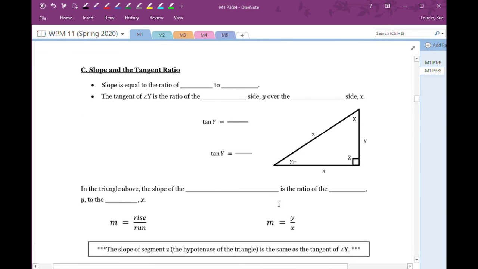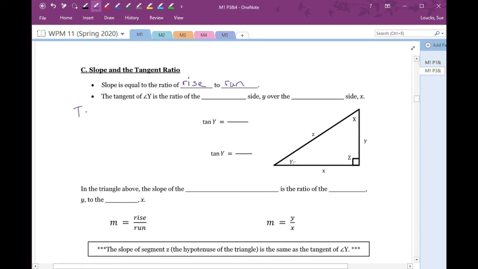Okay, part C, slope and the tangent ratio. The slope is equal to the ratio of rise to run. And the tangent of angle y is the ratio. Remember tan, SOHCAHTOA, right?